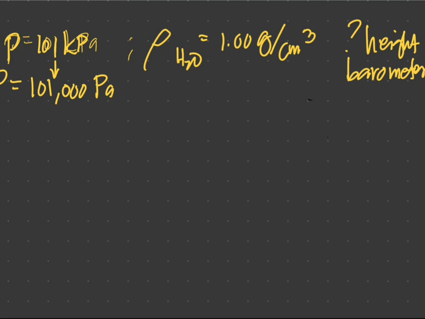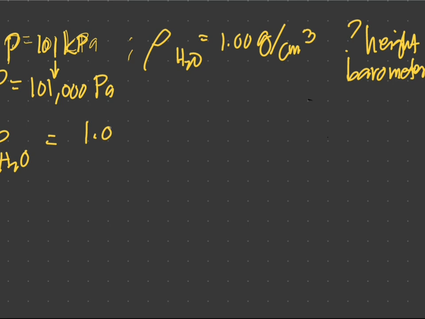This problem first. Okay, so we've already converted the pressure from kilopascal to Pascal, and we need to convert the density of water from grams per cubic centimeter to kilograms per cubic meter.